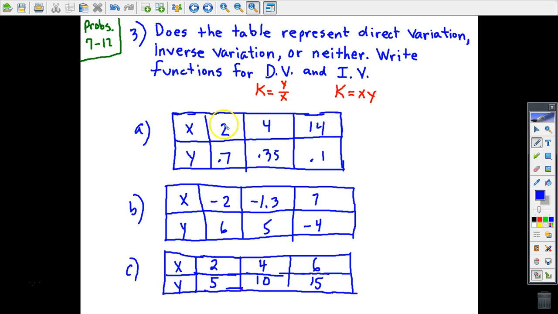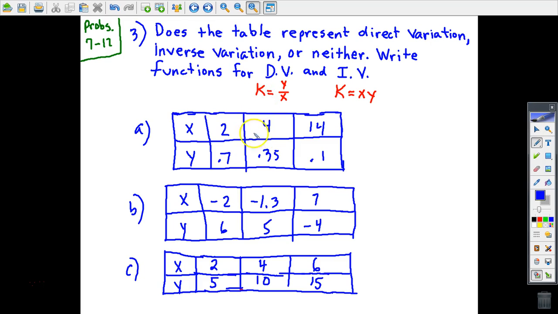Well, let's just do a quick survey of this first table. Let's start with direct variation, y divided by x. If we do 0.7 divided by 2, okay, maybe you want to use your calculator to do some experimenting. If you do 0.7 divided by 2, then you do 0.35 divided by 4, you do not get the same result.